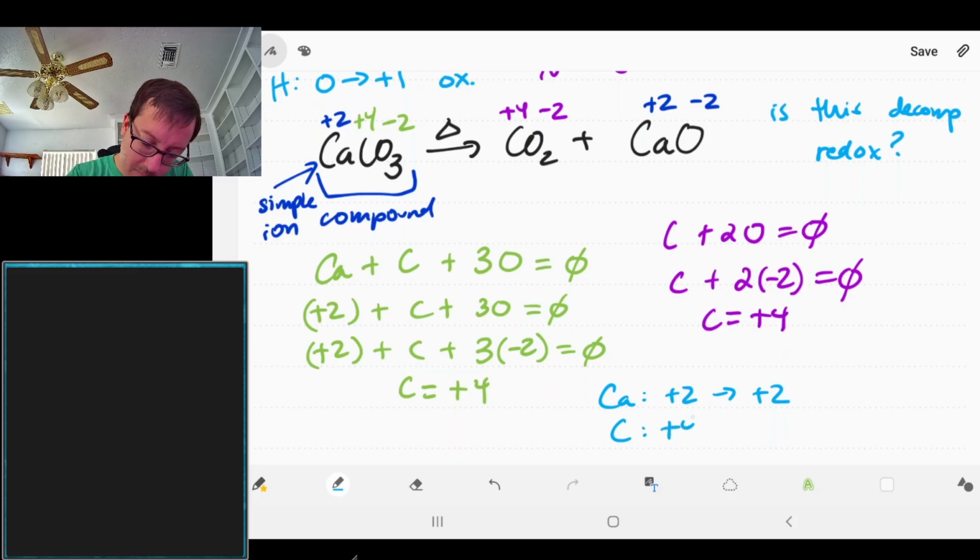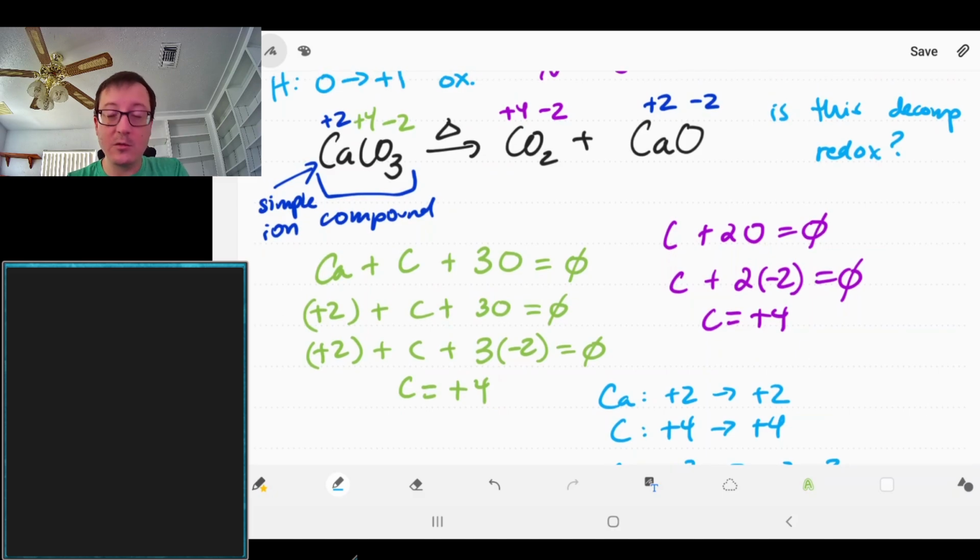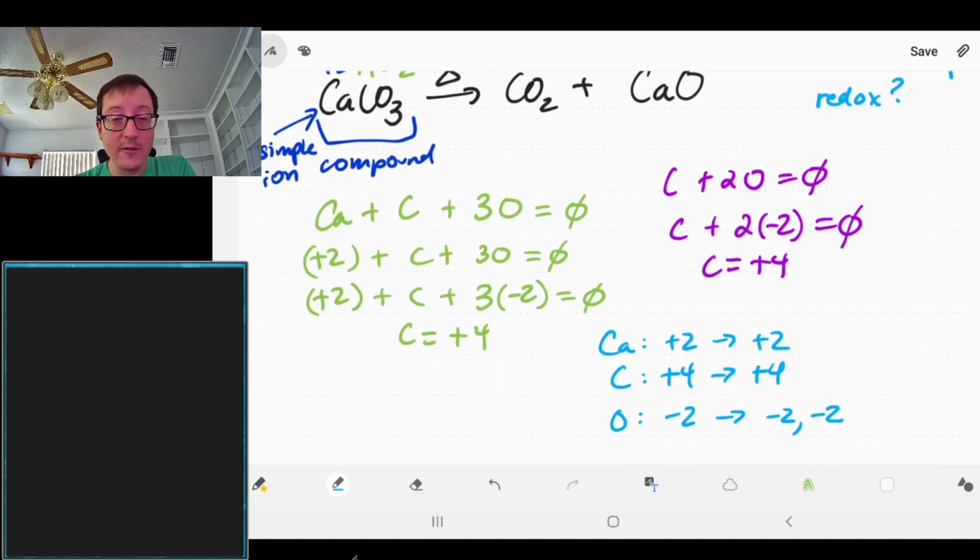Carbon. I'm going to put oxygen twice because we do have 2 oxygen-containing compounds in the products. So just in case one of them was different, even though they aren't in this case, it's always a good idea to put both when you're looking at this. And so, because nothing changes, we call this a non-redox reaction. So this particular one was non-redox.